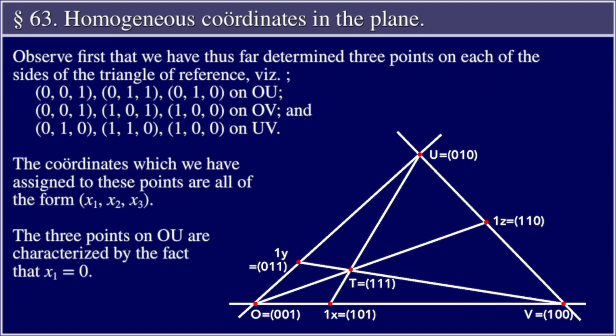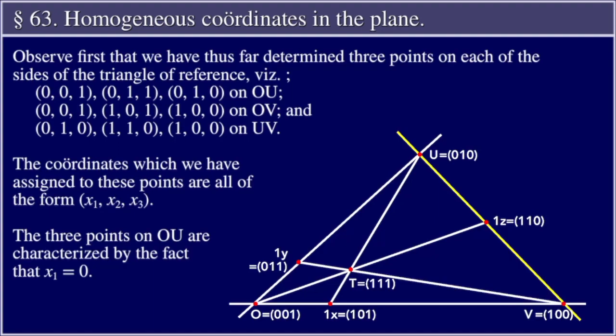Observe first that we have thus far determined 3 points on each side of the triangle of reference, namely 0, 0, 1; 0, 1, 1; 0, 1, 0 on OU; 0, 0, 1; 1, 0, 1; 1, 0, 0 on OV; and 0, 1, 0; 1, 1, 0; 1, 0, 0 on UV.